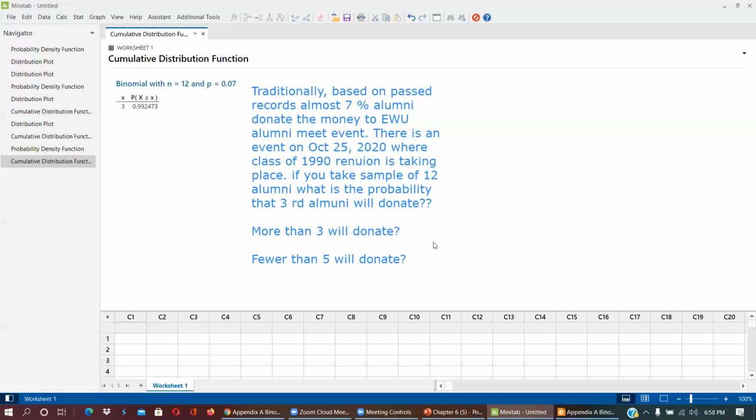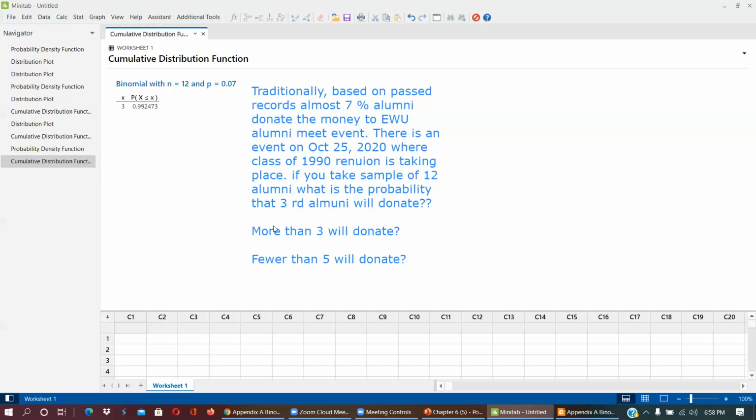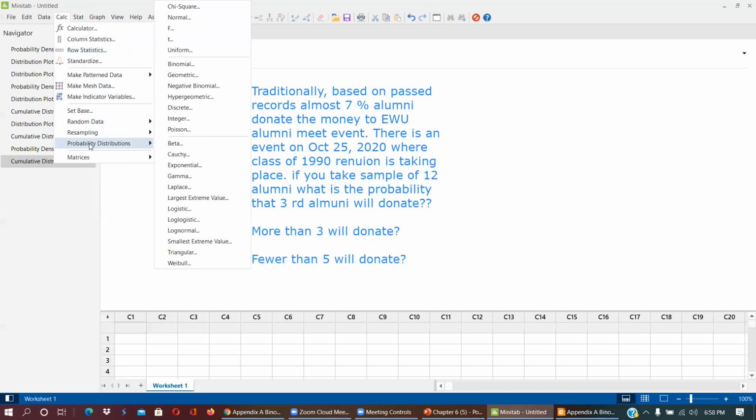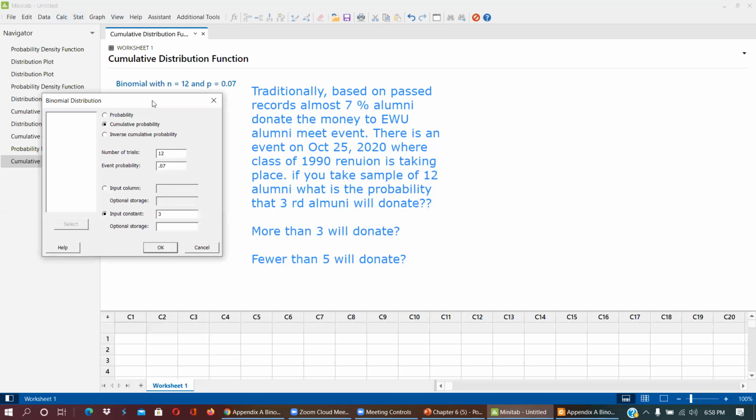Fewer than 5 will donate. It is not asking for 5. In more than, we always subtract from 1. In less than, we don't subtract, we just get the value. So I go to Calc, Probability Distribution, Binomial, cumulative, and now fewer than 5, so we are going to do up to 4.